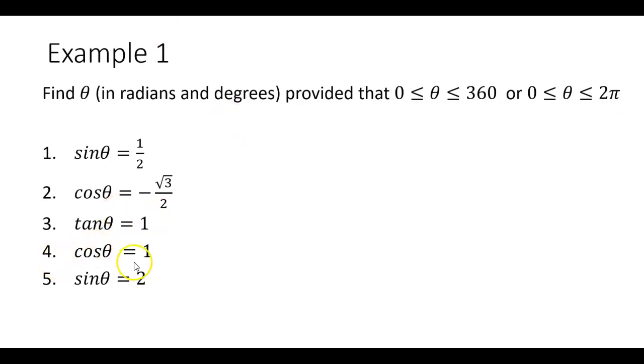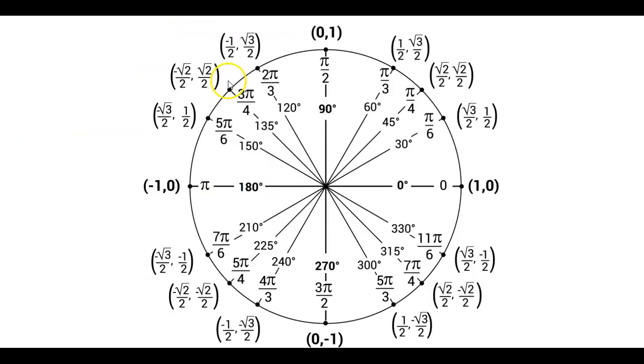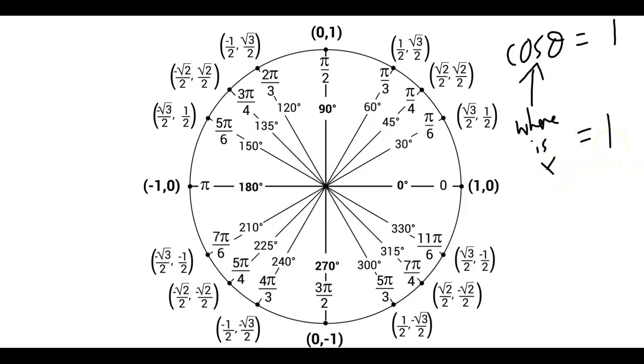Now let's go ahead and take a look at number 4. Cosine of theta equals 1. So cosine of theta equals 1. So now this question is asking us, where does the x value, because it's cosine, right? Where is x equal to 1? We'll take a look at your unit circle and find it. It's right there. And actually, there's only one place where that happens.